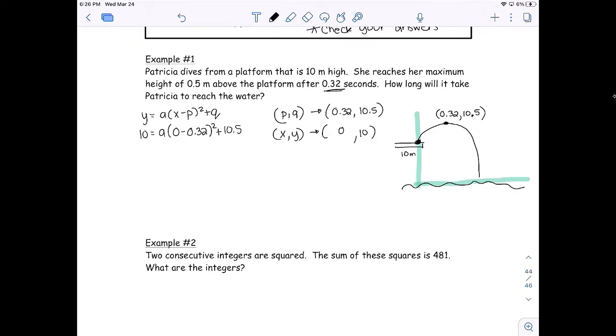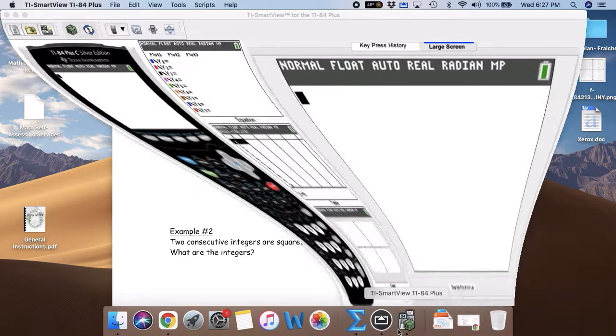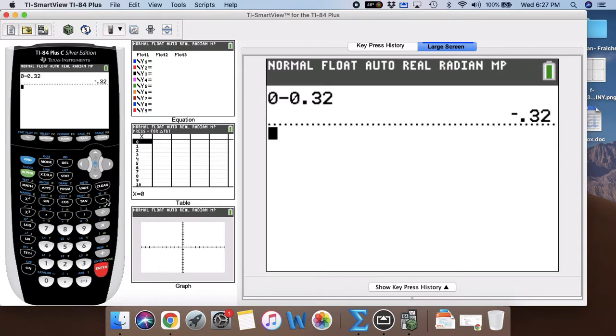Okay, so you replace everything separately. Now we're going to have to put that bracket. We're going to have to do BEDMAS, so bracket first and then square that value. I'm going to put 0 minus 0.32 in my calculator. I'm going to get that answer. This is what's inside the bracket. Get the answer and then square that answer. Or you could have put brackets on it as well.